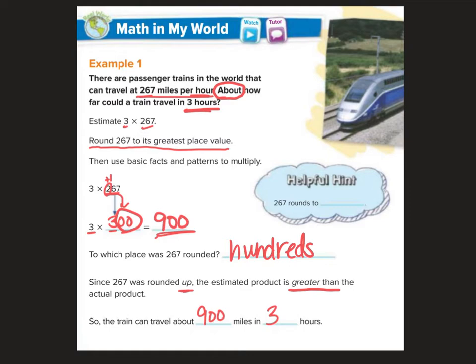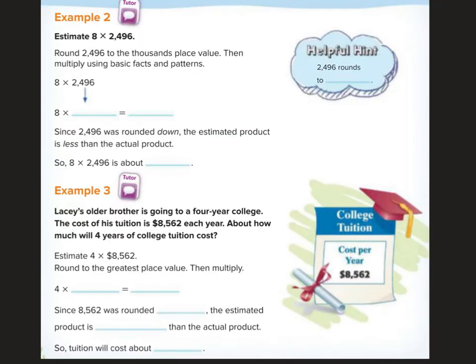All right, let's do another practice. Estimate 8 times 2,496. So first, we're going to round 2,496 to the thousands place because that's the greatest place value that we have here. So I'm going to circle the 2, underline the 4. The 4 is going to tell me to keep the 2 the same. So I'm going to round this to 2,000.